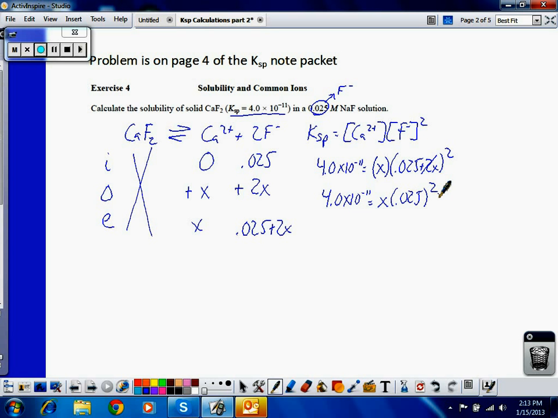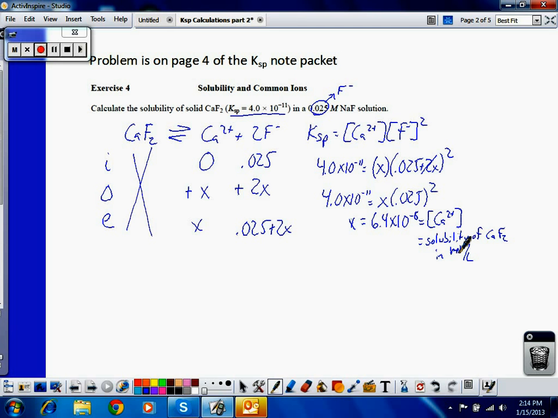And in fact, X equals 6.4 times 10 to the negative 8th, and that's equal to the concentration of calcium ion, and since there's one calcium ion in calcium fluoride, it is also the solubility of CaF2 in moles per liter.